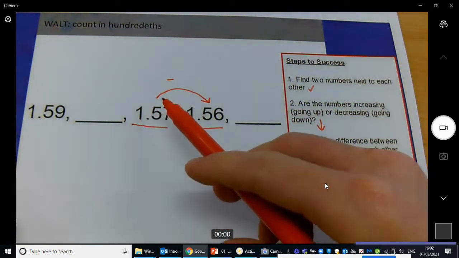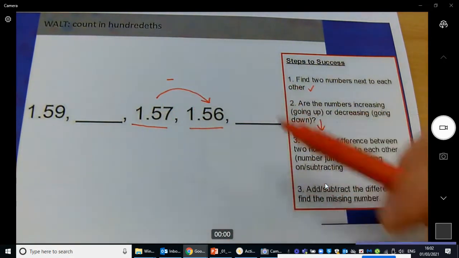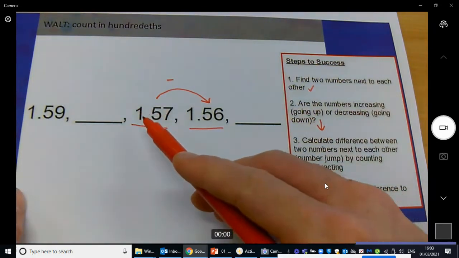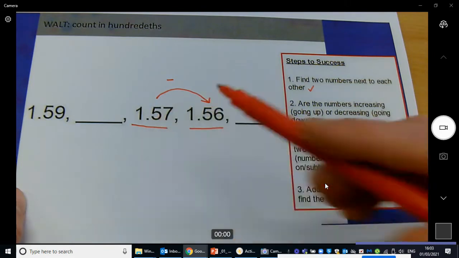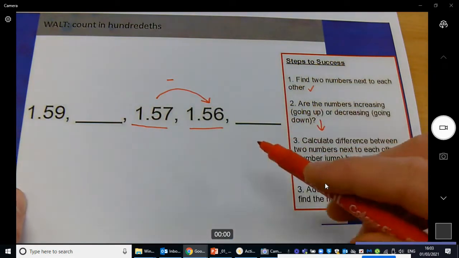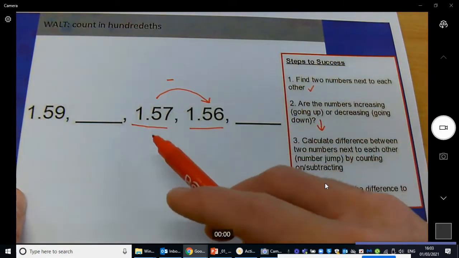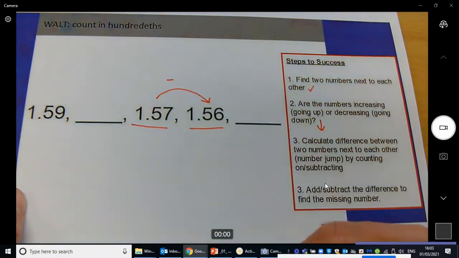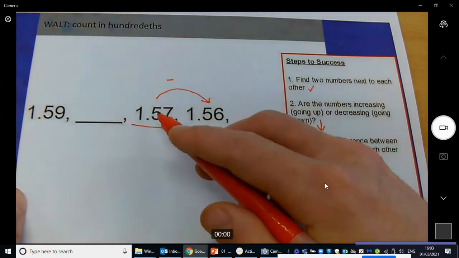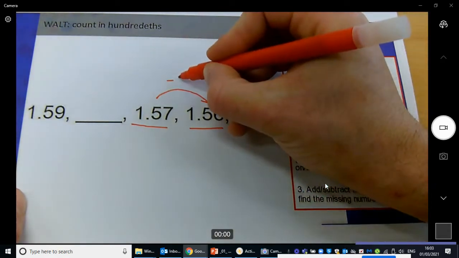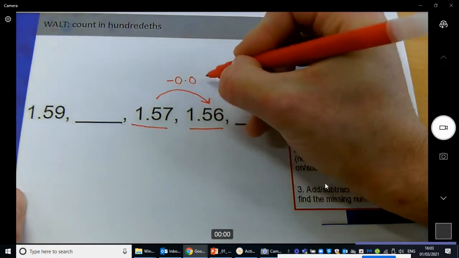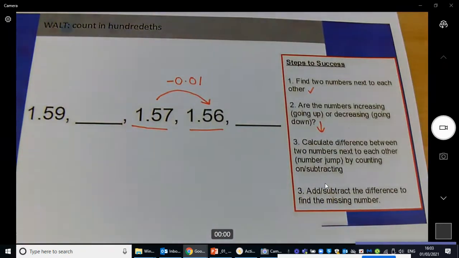So 1.57, 1.56. As you can see, neither the ones nor the tenths are changing, it's only the hundredths that are changing. How many hundredths is it going down by each time? 57 to 56, it's going down by 1/100th. So 0 ones, 0 tenths, 1/100th.